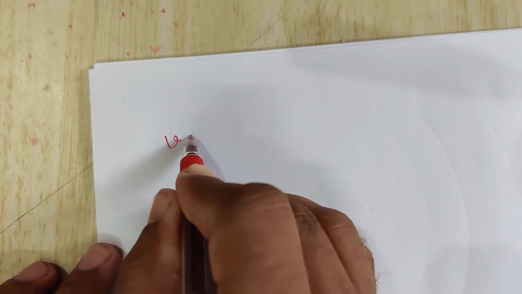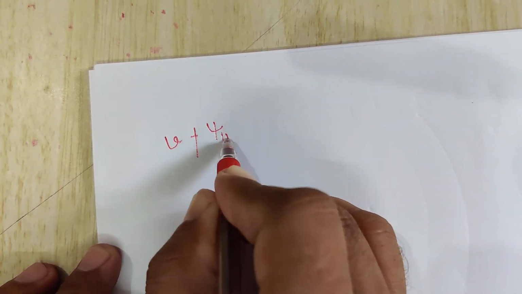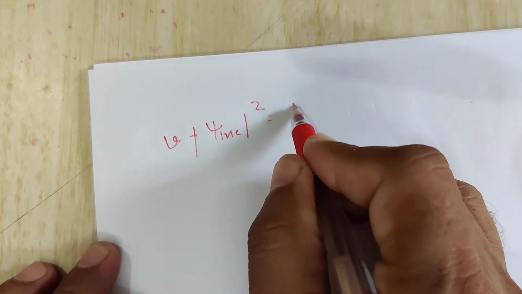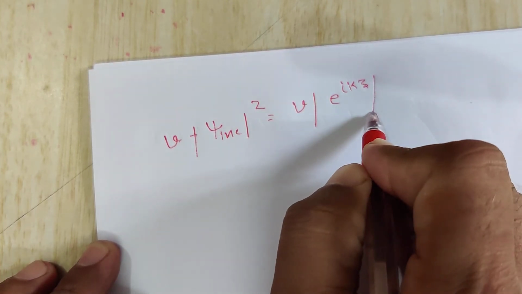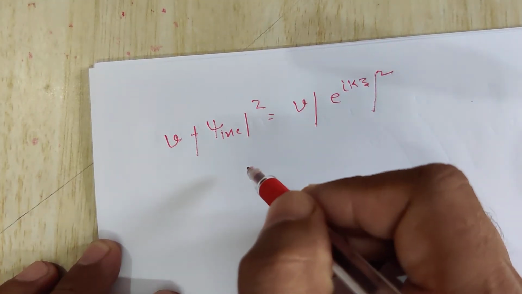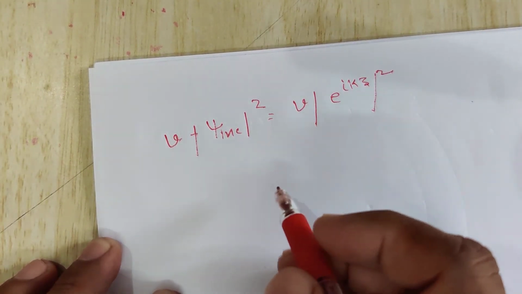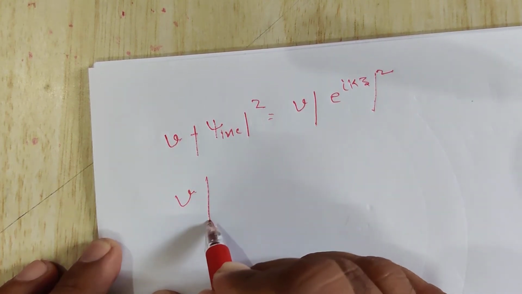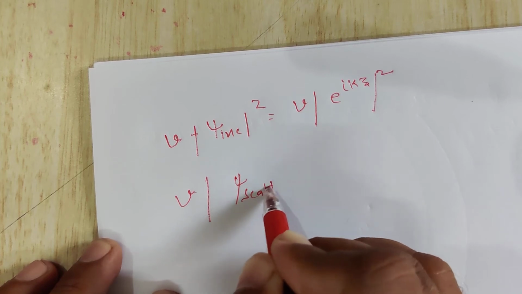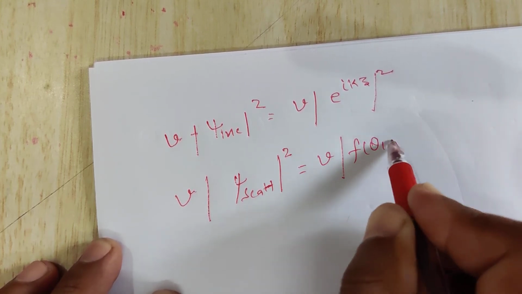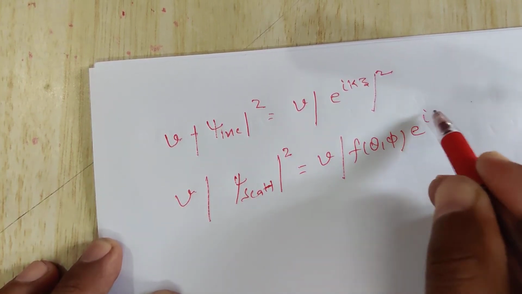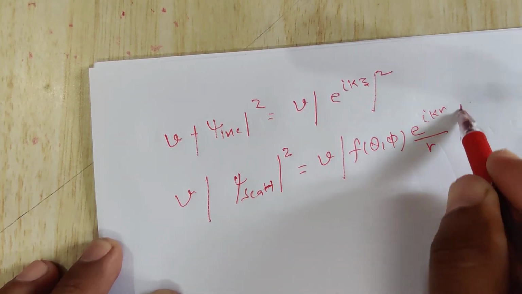The magnitude of the incident flux density along the z axis is given by V |psi incident| square equals V |exponential iota kz| square, and the scattered flux density is given by V |psi scattered| square equals V |f theta phi exponential iota kr upon r| square.